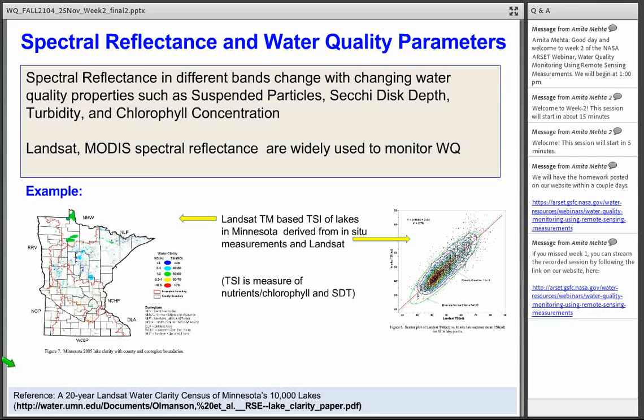One example of using Landsat Thematic Mapper to convert to a trophic measurement, that is a measure of nutrients and also chlorophyll.